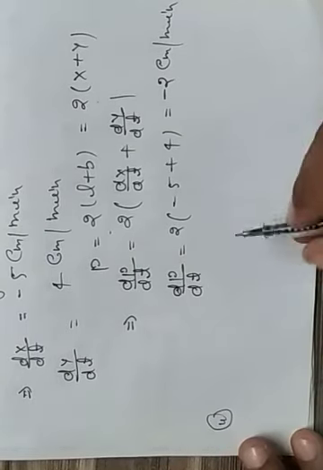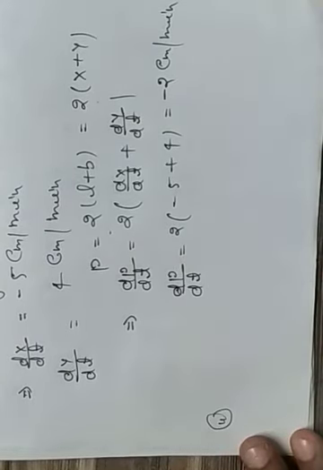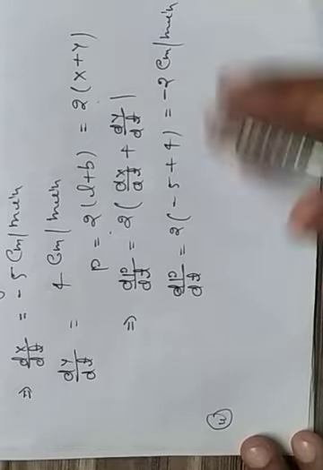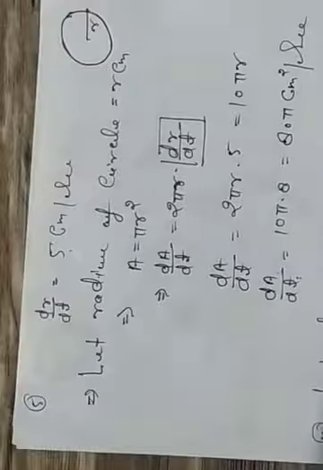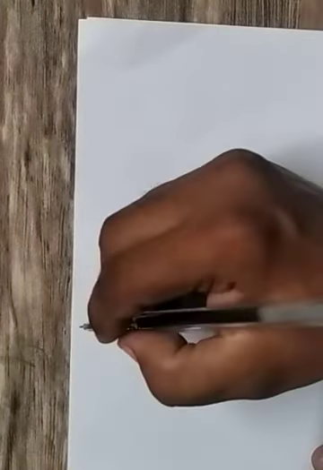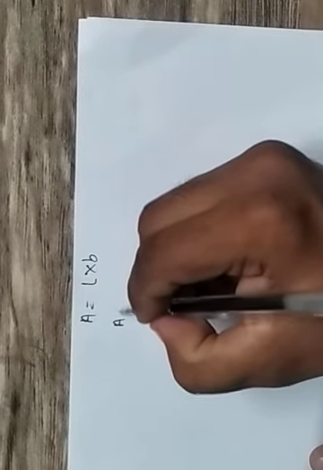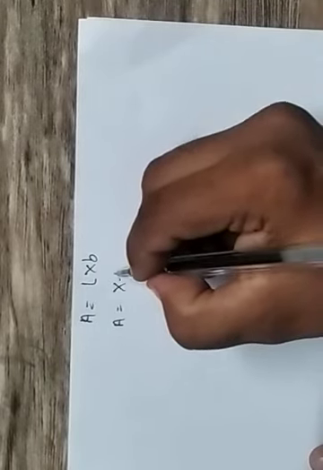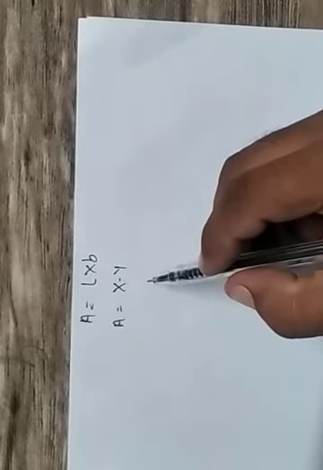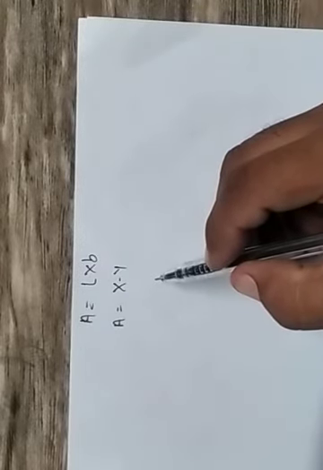Now the second part: the question is saying find the rate of change of area of the rectangle. I am solving it on the next page. Area of rectangle is equal to L into B, where L and B are x and y. Now again differentiate both sides with respect to time.